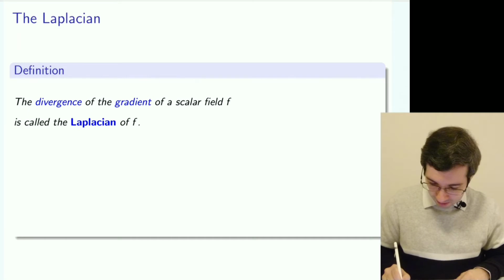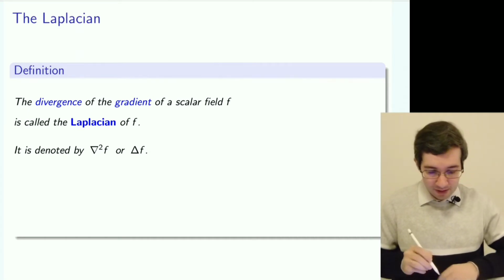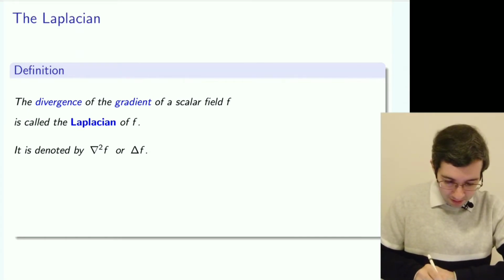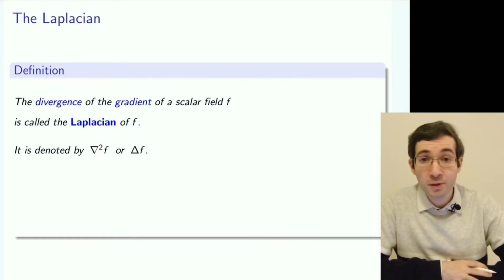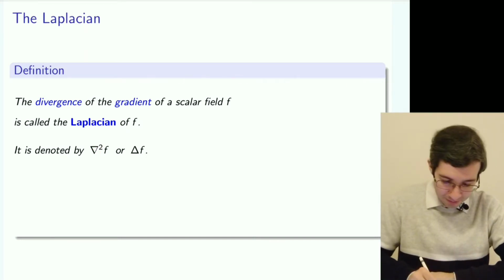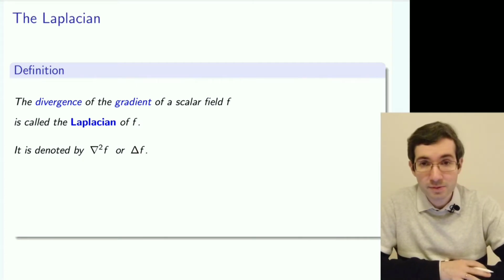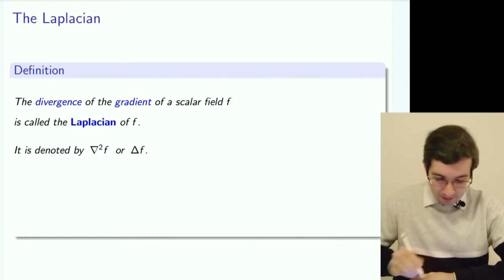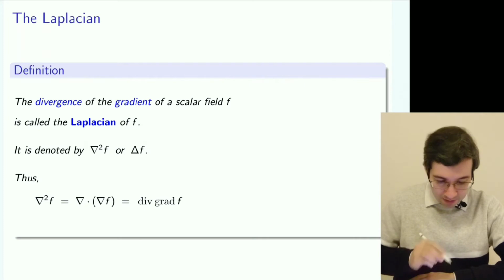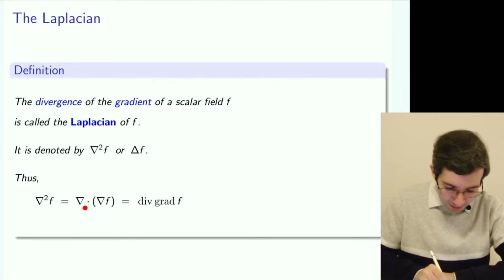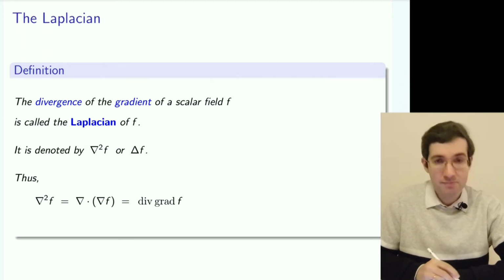So let's just do exactly that and call it nabla squared. Or sometimes people use just a triangle. So that is exactly a divergence of the gradient.